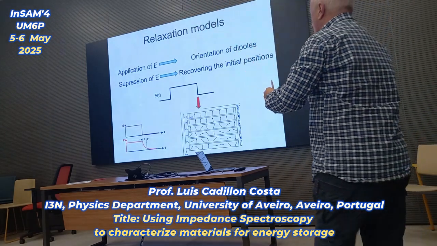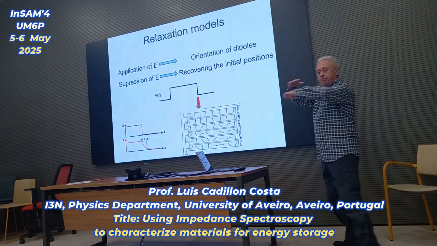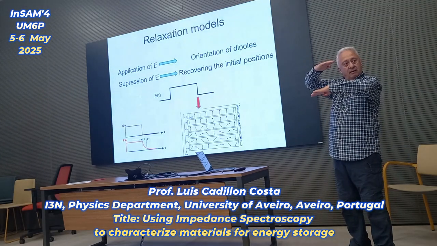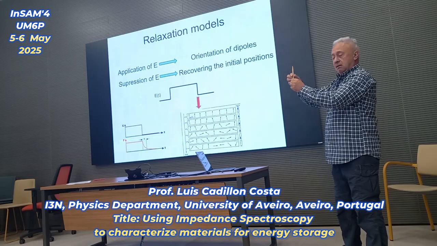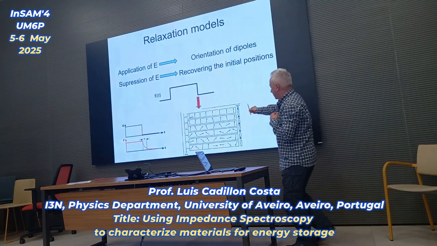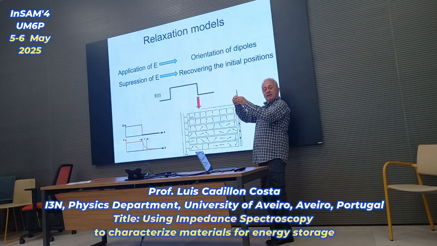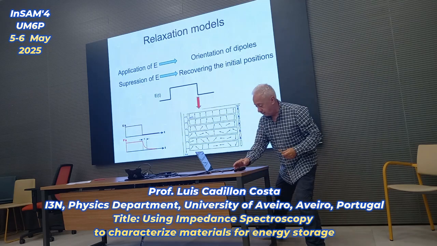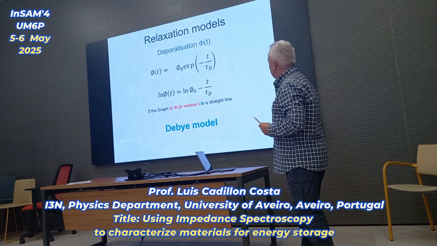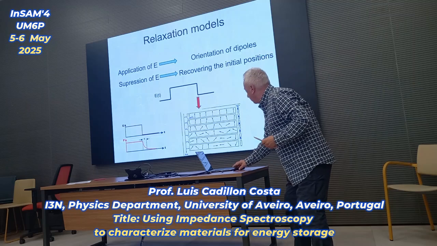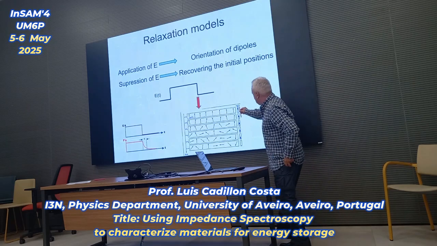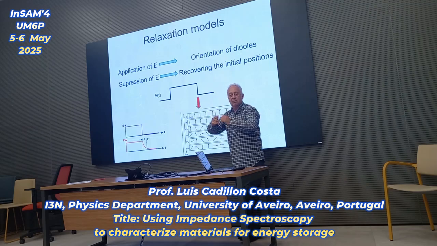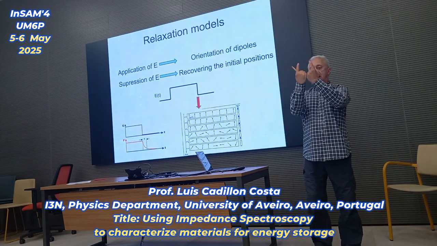So when I put in this parallel plate, for example, plus here and minus here, these dipoles that are inside will align with the electric field. For example, I apply a strong electric field, and all the dipoles are in the same position.